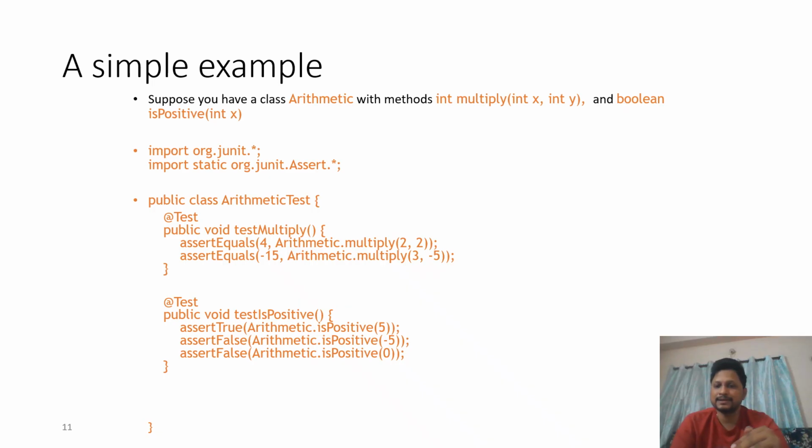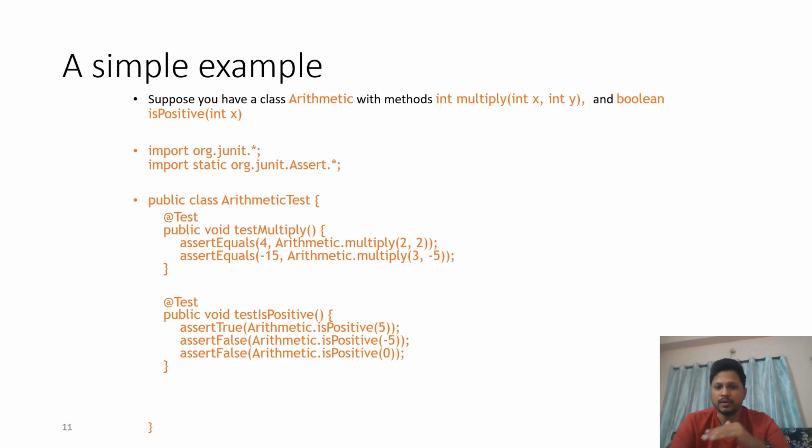Next test case: it should be negative, it should be false. That means the isPositive method should return false if it is a negative value. That's why I use assertFalse here. Hope you understand where to use assertTrue and where to use assertFalse.